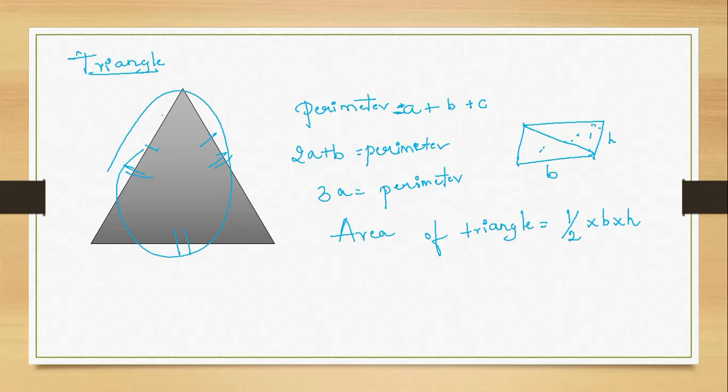It is half of the rectangle area. To find the area we use b into h, divided by 2. So we write the formula: area of triangle is half into b into h.